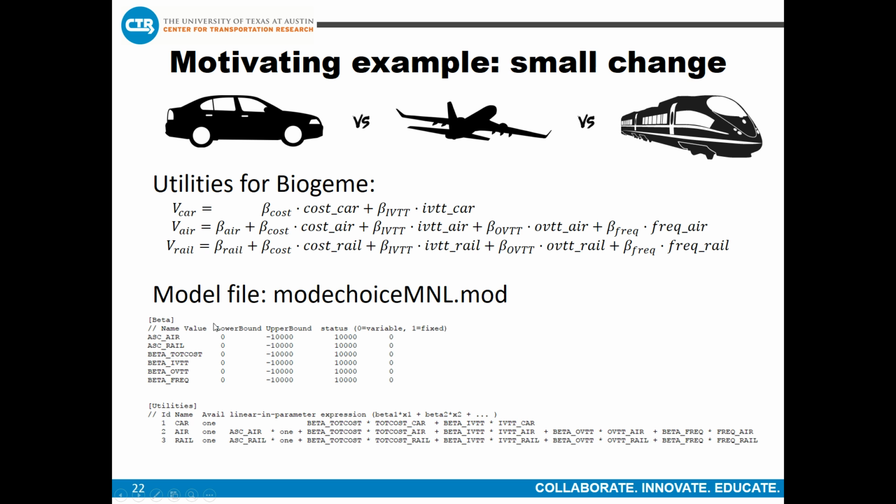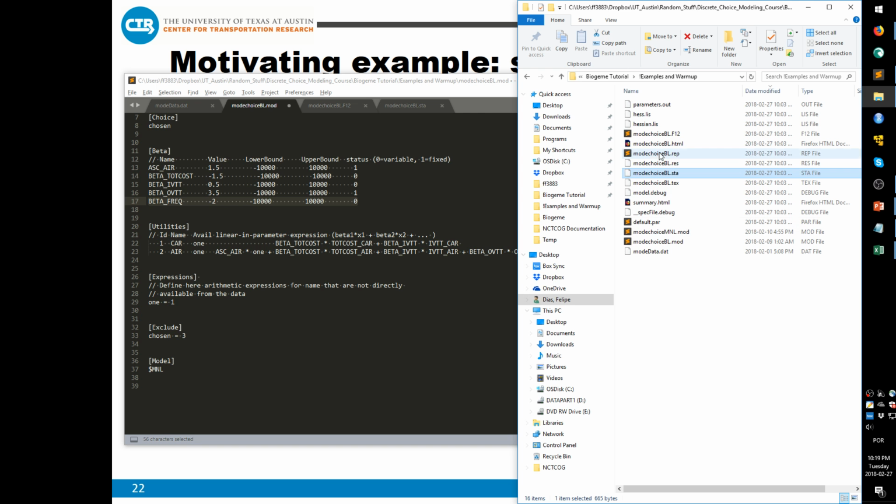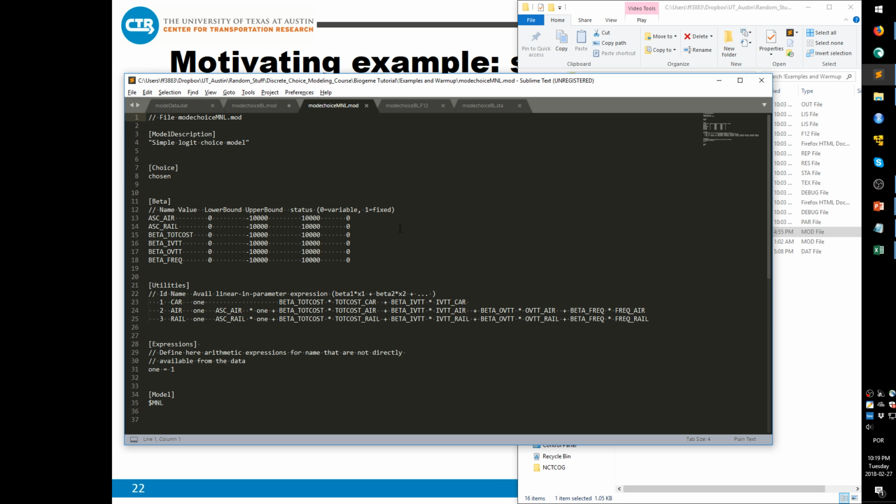And how does this translate into the Biogeme code? Well, I created this other file called modechoicemnl.mod, which already has all the alterations made to it. So here you'll see that I've added this alternative specific constant here, and I've also added a new line in this section here in utilities.